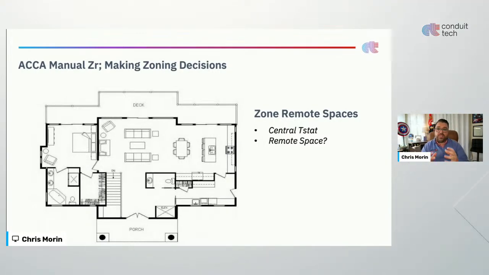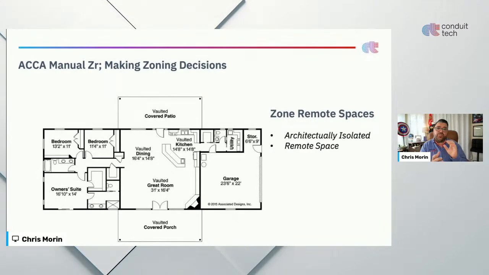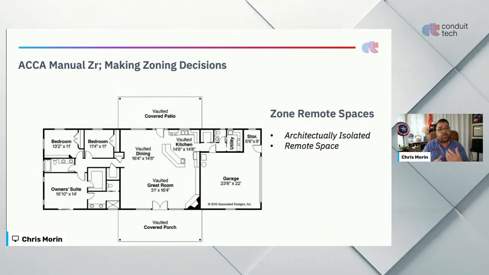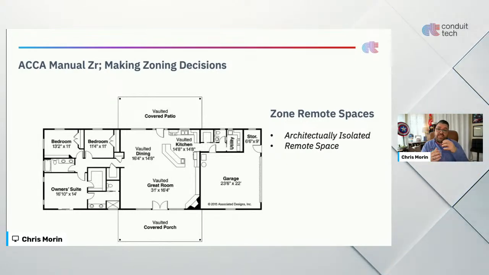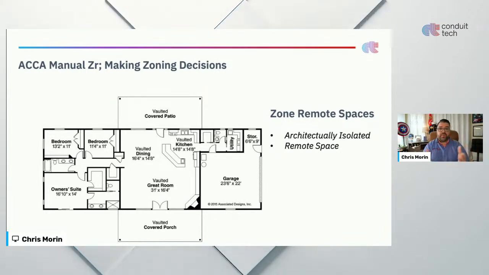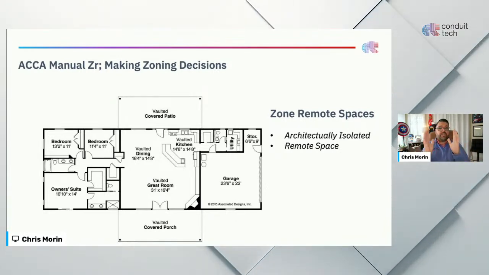So it's really important to consider the construction style and the layout of the house, right? And to really look at remote spaces and make sure you zone those remote spaces, and particularly architecturally isolated spaces, right? So as an idea here, you can see this is a much larger floor plan, very similar in that you have an open floor plan area for the great room, the dining room, and the kitchen.